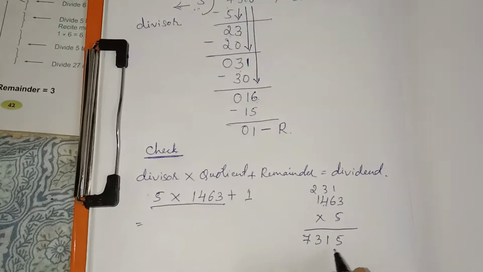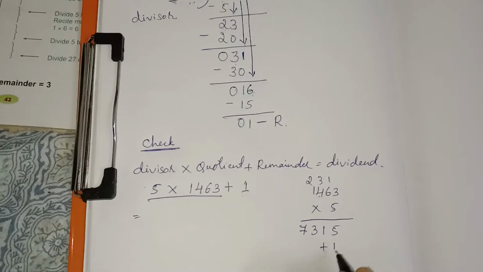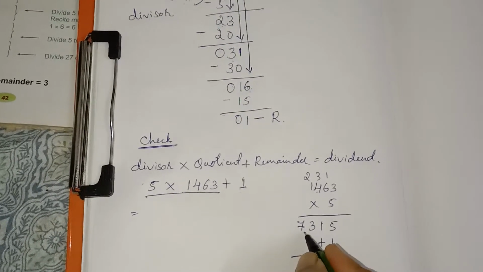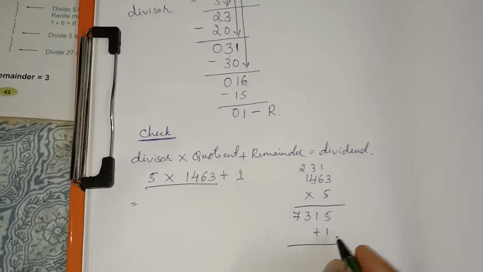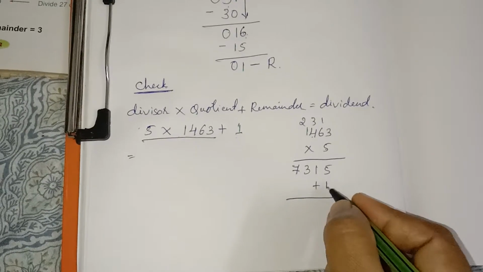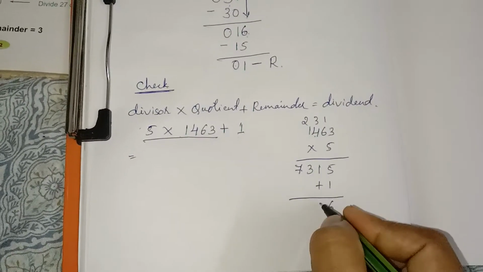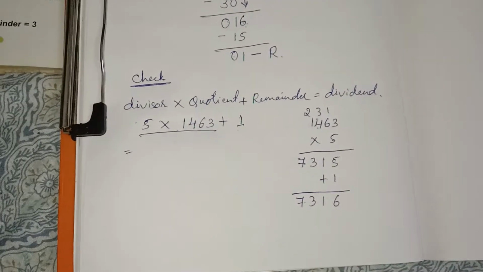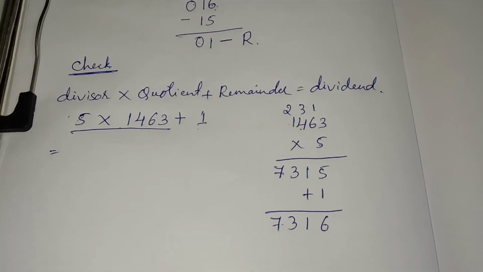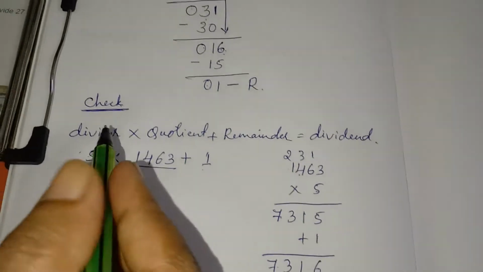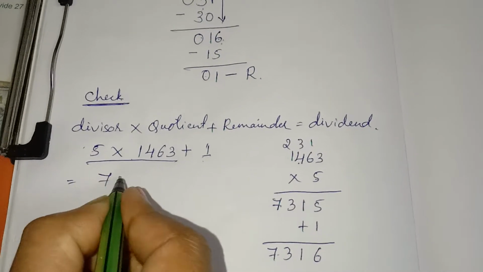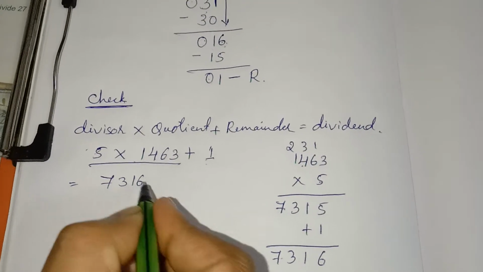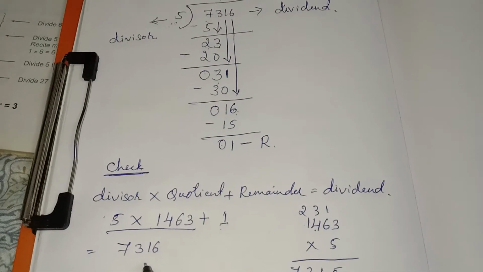Now add this 1 to 7315. 5 plus 1 is 6, and 1, 3, 7. 7316 is the dividend.